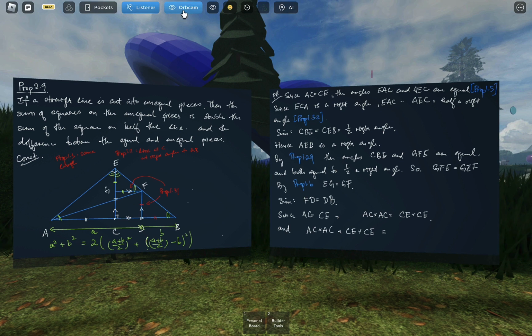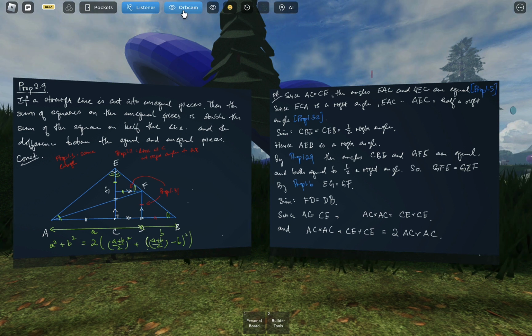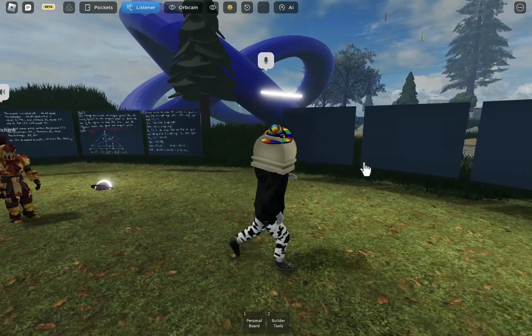Now I'm not doing anything profound. I'm just writing down a bunch of things that are obvious, right? They're the same. We add them together. You should get twice the first term. That's all we're doing here. So let's hop over to the next board and finish off the proof.